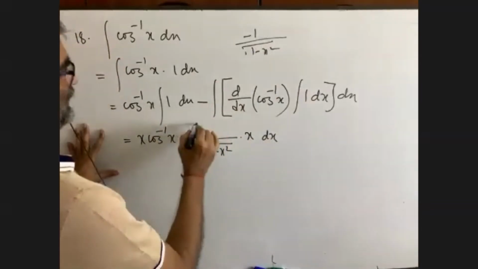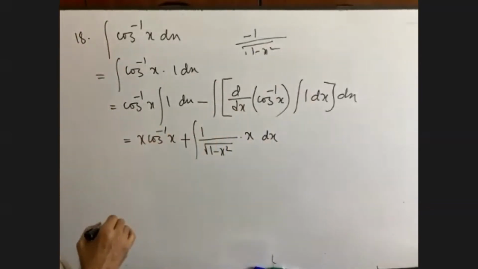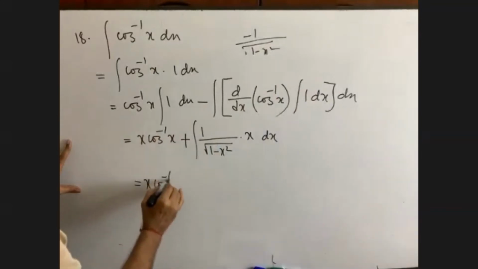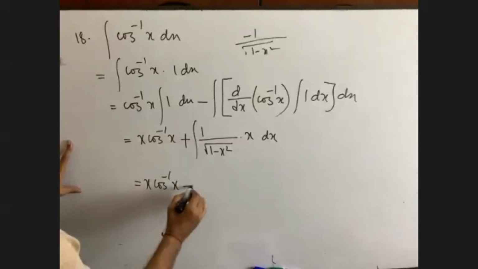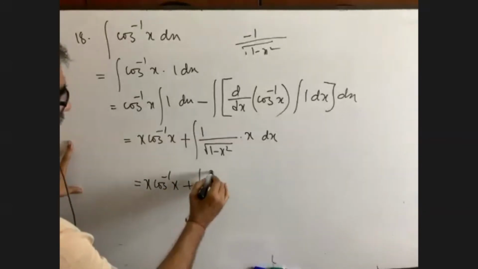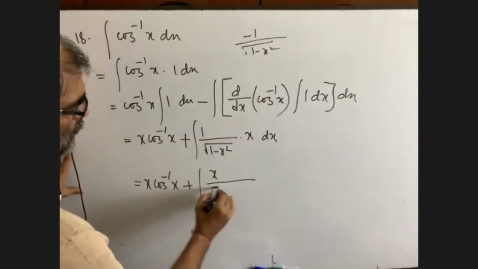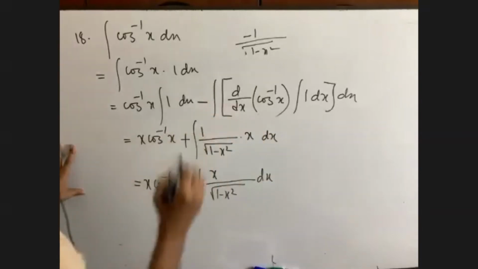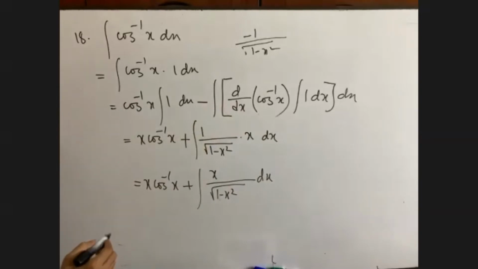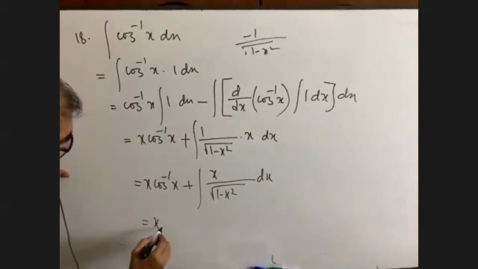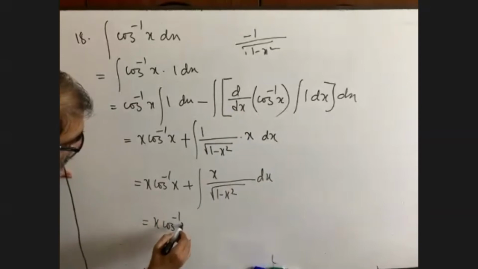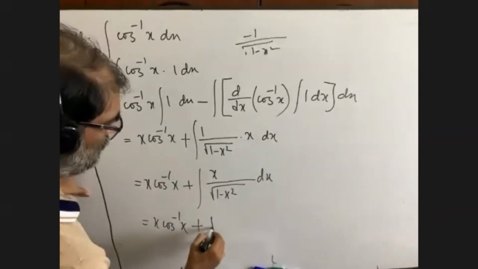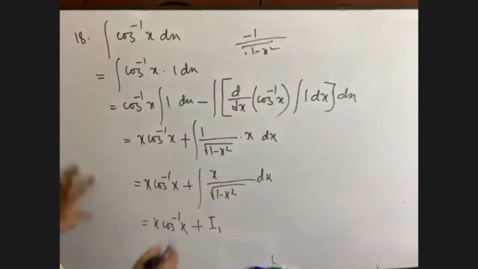That means we are getting here x cos inverse x plus integration x root over 1 minus x square dx, which will be I1.